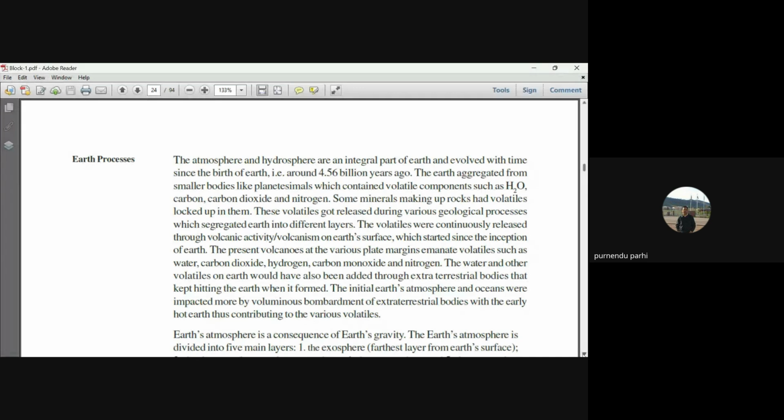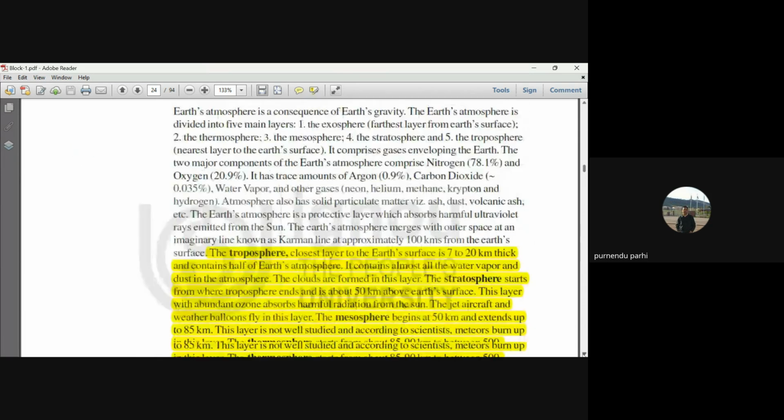The present volcanoes at the various plate margins emanate volatiles such as water, carbon dioxide, hydrogen, carbon monoxide, and nitrogen. The water and other volatiles on Earth would have also been added through extraterrestrial bodies that kept hitting the Earth when it was formed. The initial Earth atmosphere and ocean were impacted more by voluminous bombardment of extraterrestrial bodies with the Earth, thus contributing to the various volatiles.